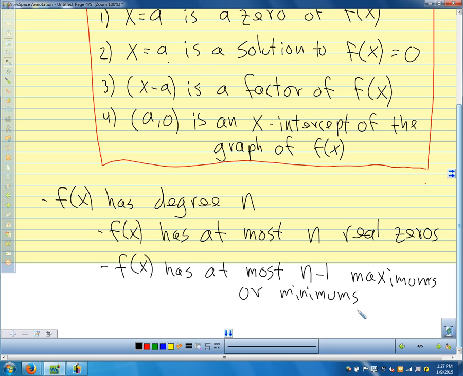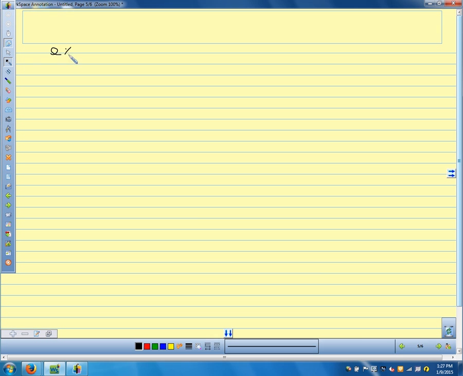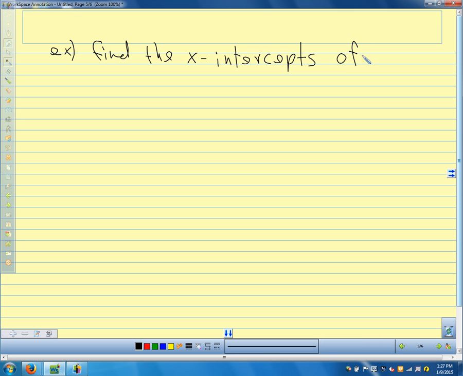All right, so let's find the zeros of a polynomial and see what that tells us about our graph. Let's find the x-intercepts of f of x equals x cubed minus x squared minus x plus 1.